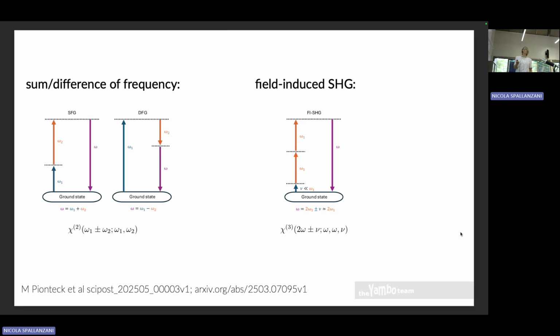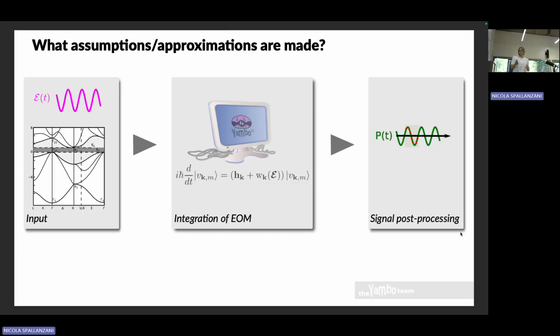So this is negligible with respect to omega, and you have a second harmonic induced by this applied field. You can take a centrosymmetric medium, put this field, and it will break the centrosymmetry, so you will have a non-zero second harmonic.